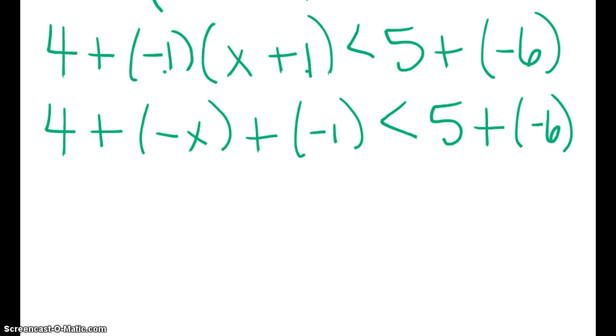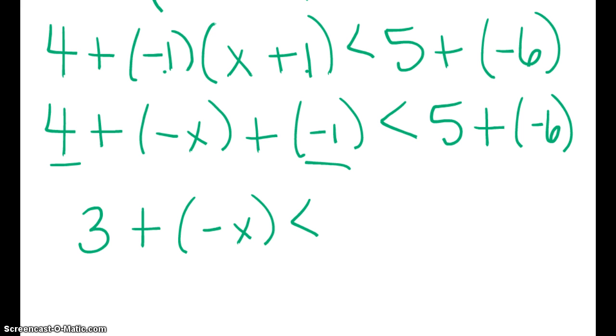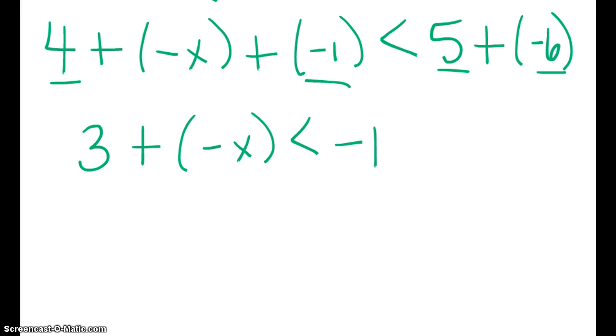Okay, now I have to combine my like terms. 4 and negative 1 is 3 plus negative x is less than. Now I'm going to combine 5 and negative 6. So that's negative 1. So I'm going to subtract 3 from both sides. Now I could have added x to both sides, and that would be fine.